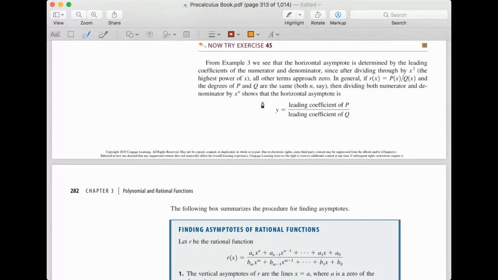So this is how to find horizontal asymptotes. Take the leading term of P and the leading term of Q. If they have the same degree, we take the coefficients. If not the same degree, we have to take the leading term. In general, this is not a coefficient but a term, the leading term.